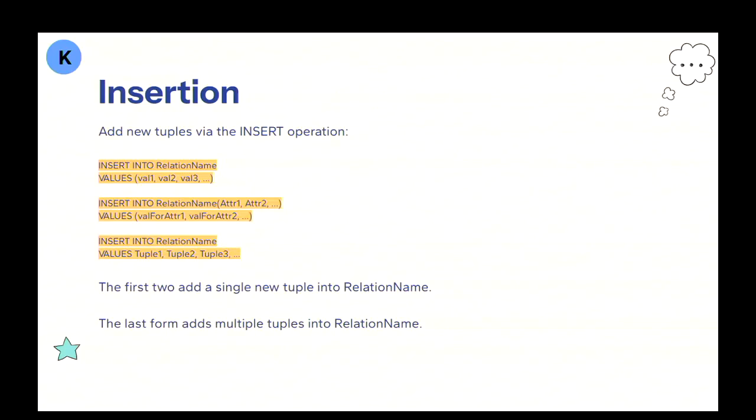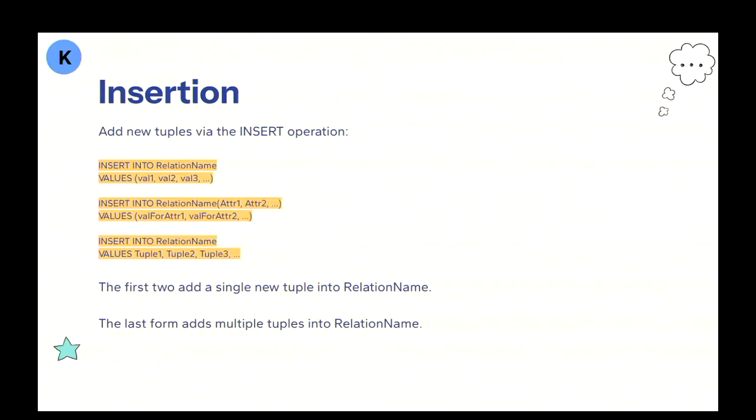So we can have three different types of insert statement. The first one is just to insert into a relation, into a table name, with some values. And the second one allows us to describe what the attributes of the table are.